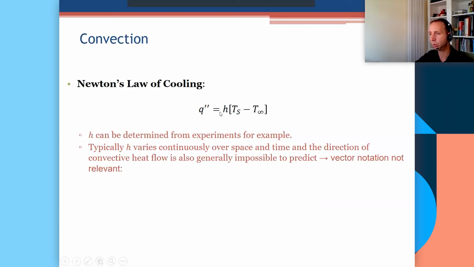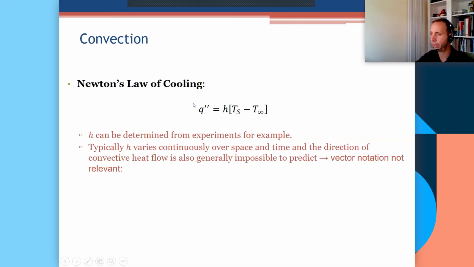So the flux locally at a point would be the local value of the convection heat transfer coefficient and the temperature difference. We could determine that from experiments, for example. Typically, it varies continuously over space and time. It's generally impossible to predict with great accuracy, but we can predict how, on average, it will behave, either average over space or time, or over small regions of space.